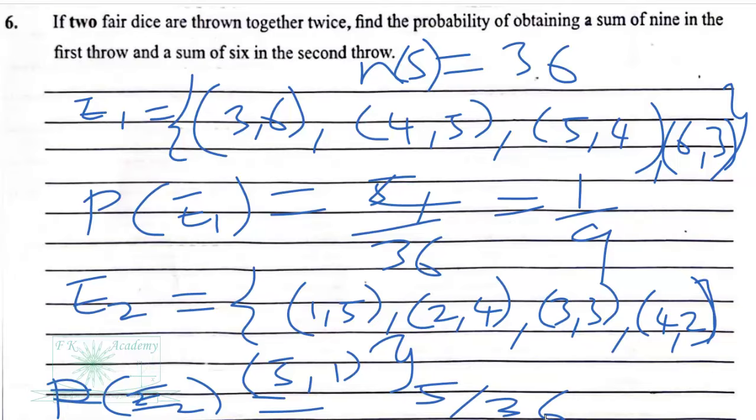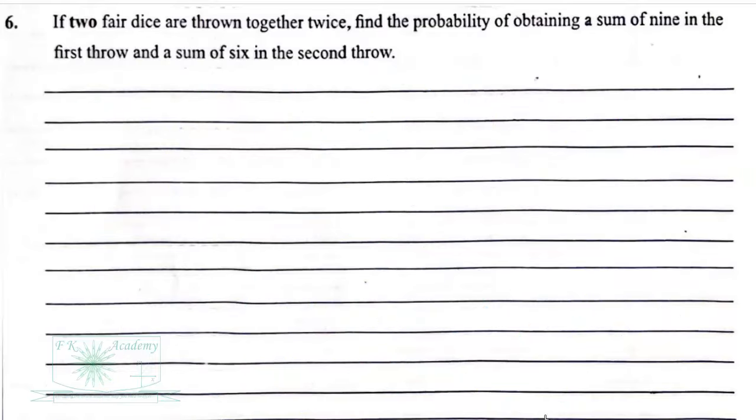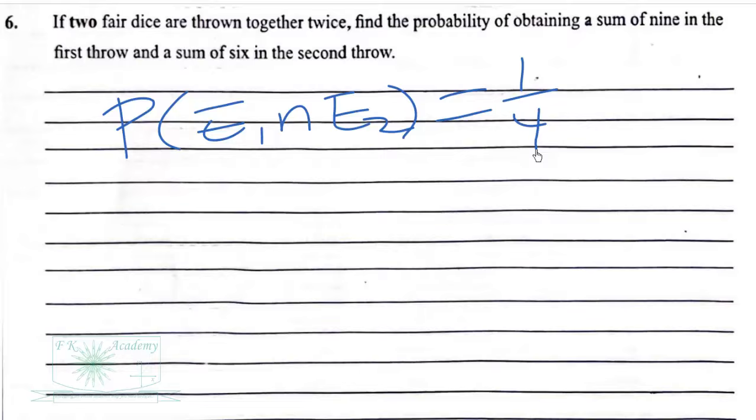So the probability of event 1 intersection event 2 will be equal to 1/9 times 5/36, and that will give us 5/324.